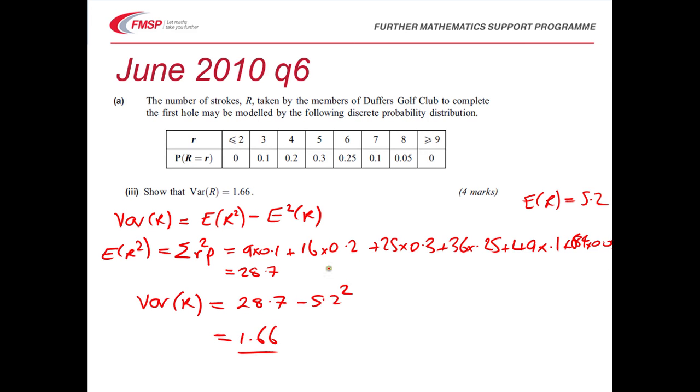You're going to get a method 1 and an accuracy 1 for working out E of R squared. Okay, you're then going to get M1 for using this variance formula, and then an A1 for the correct answer at the end. So you really need to demonstrate here what's going on. So you can write it as 3 squared, 4 squared, 5 squared, and so on, but you must do something to evidence what you're doing.